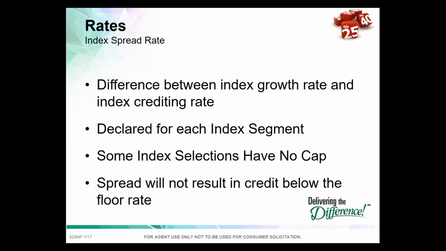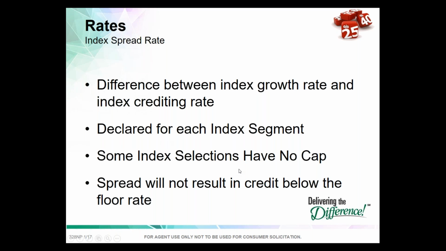If the index went up 25%, you would subtract the 5% spread and get a 20% credit. So this is a really interesting design, and it can create some really nice historical look back type of returns. Again, this is declared in advance for each segment. Once the segment starts, the spread rate can't change on them halfway through the measuring period.